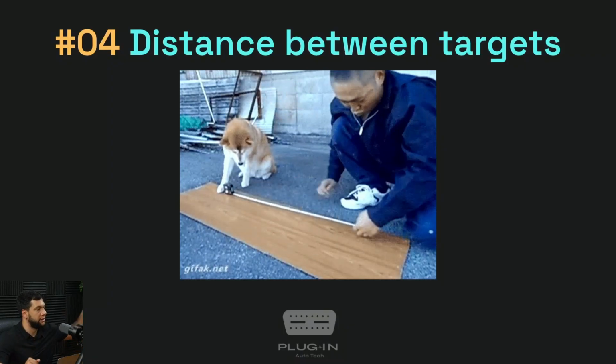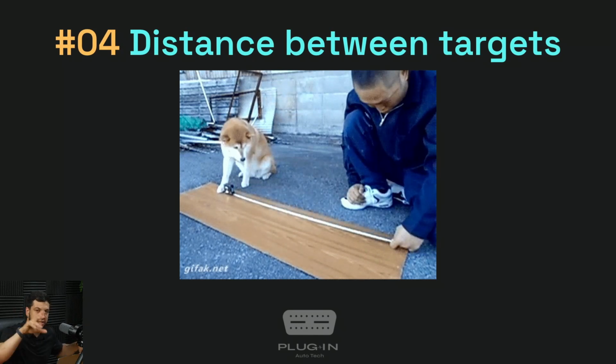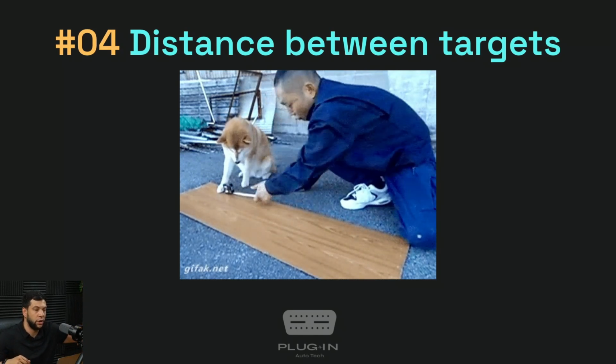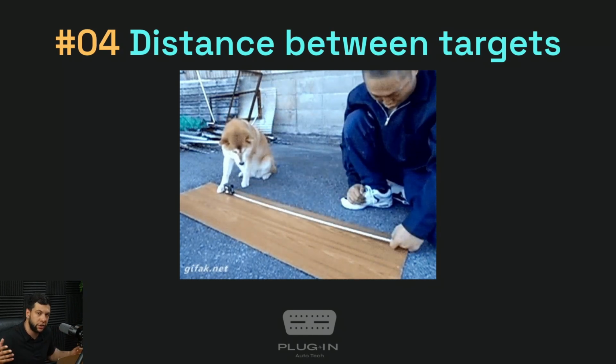Another thing is to check the distance between the targets. Let's say that you are on a day that you are performing tons of calibrations. Like you did one, you did another one, you did a Nissan, and then you did a Mitsubishi, and then you did a Corolla, and you keep doing calibrations all the way.